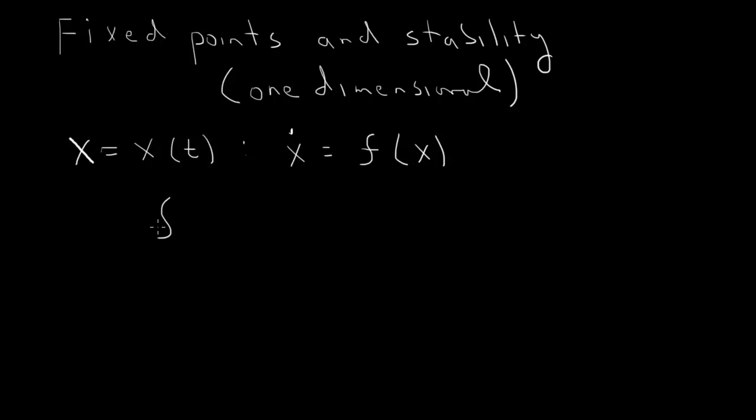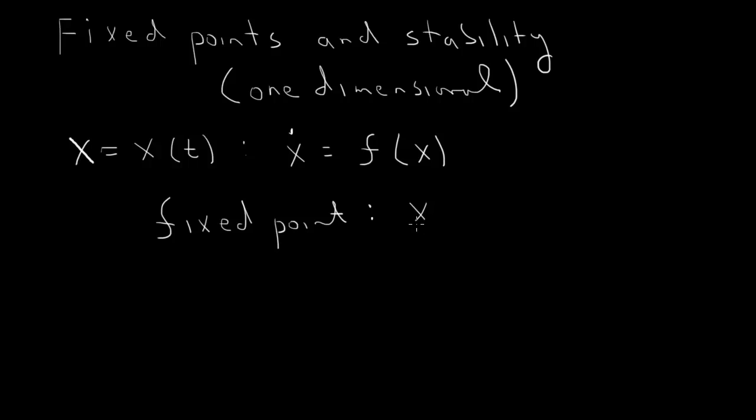So a fixed point of this equation is one where, if you start x at the value of the fixed point, say x star, then x will always stay at x star, which means that the derivative at x star will be 0.